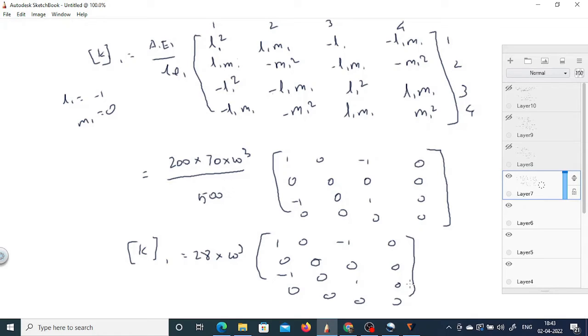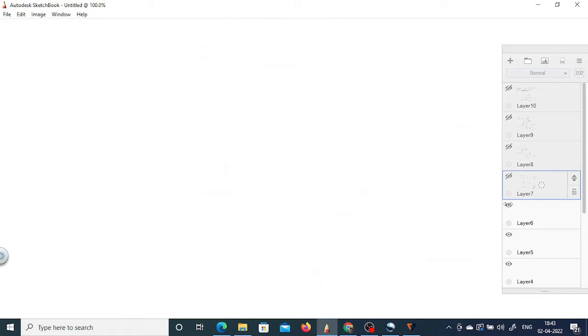Likewise, I can write the stiffness matrix for element 1, which can be kept as K1, because it is for the element 1 displacement matrix. After that we can move to the element 2 stiffness matrix.